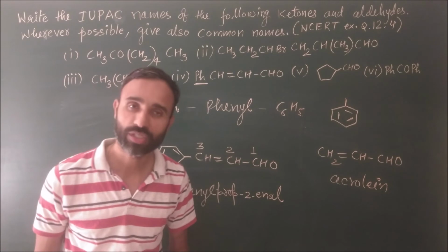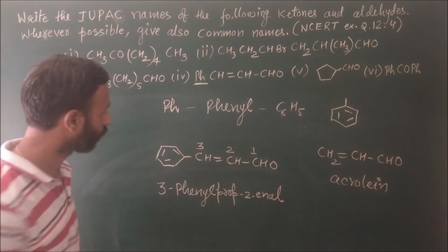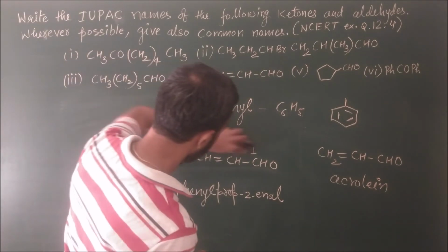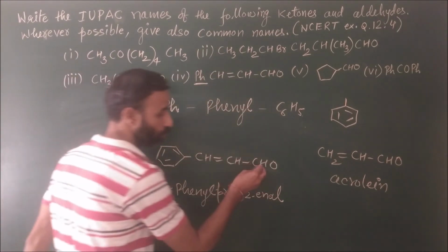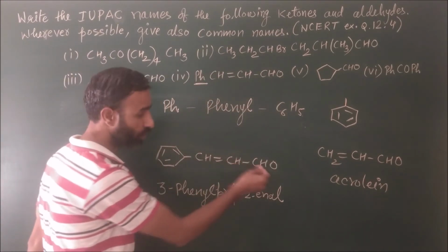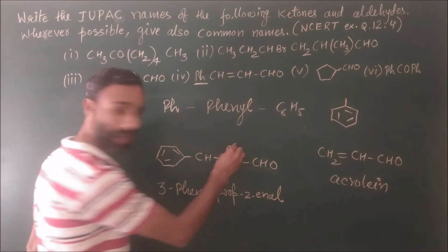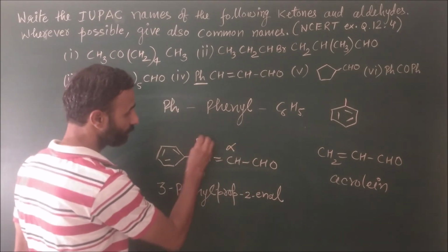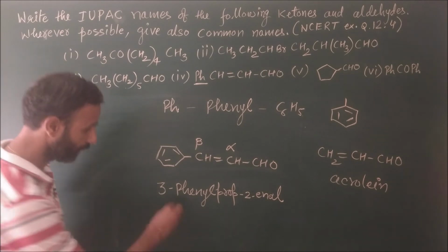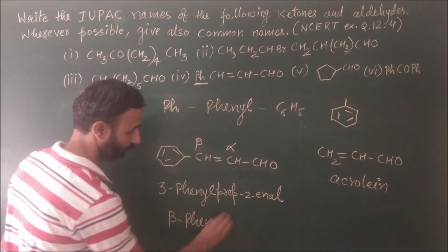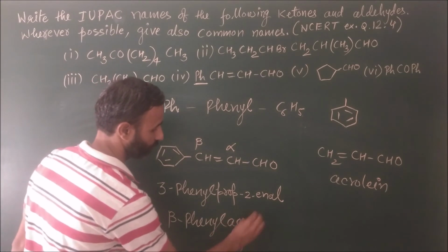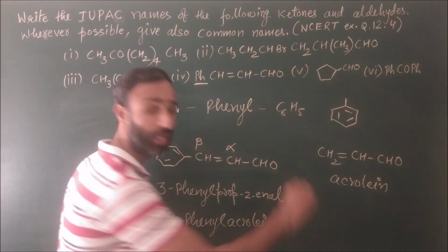Now let us write its common name. To write the common name, now there is alpha, beta, gamma. So the carbon to which CHO is attached is alpha, and next is beta. So it is now beta phenyl acrolein.